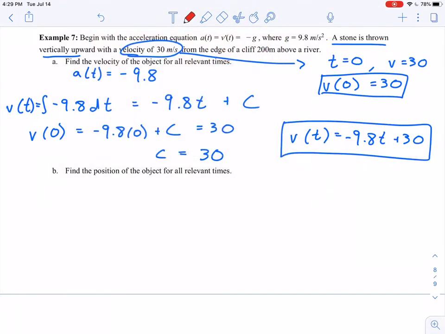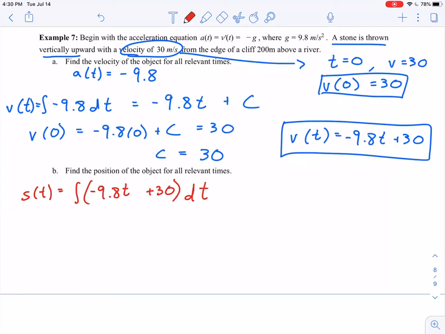Now, in part B, it says, well, now go find the position function for all relevant times. So if I want the position function, I want to find the antiderivative of the velocity function that we just found, which is negative 9.8t plus 30 dt. So again, I'm integrating with respect to t.